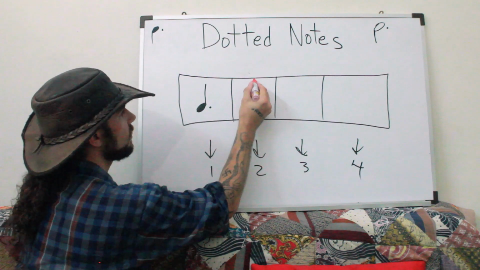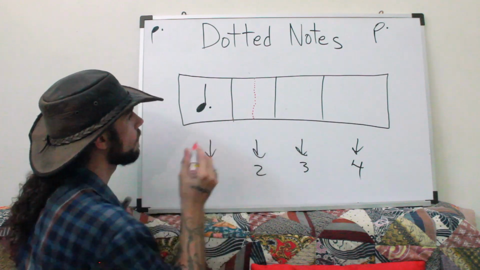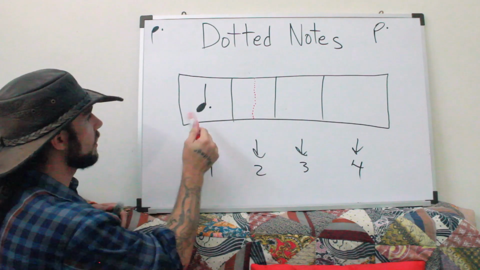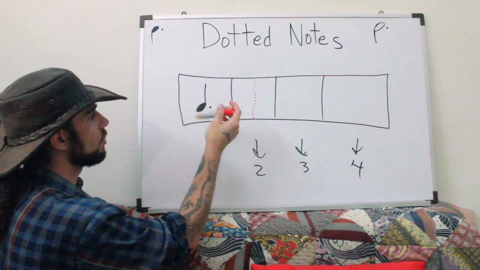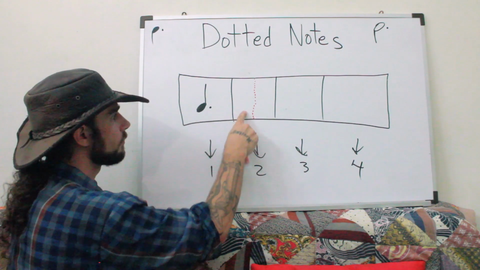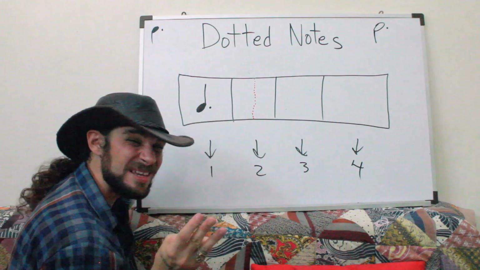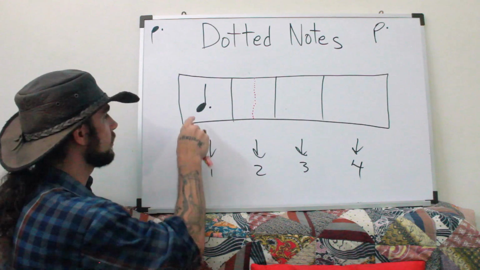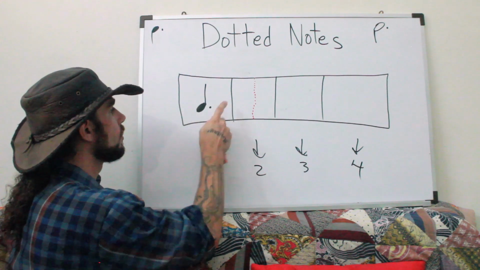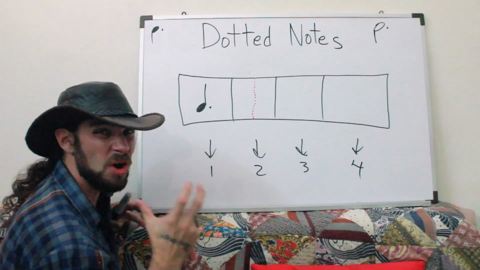So if we took this quarter box here and chopped it in half, we would know that this dot is going to take up this space here. So technically, you've got 3 eighth notes, time-wise, or a quarter and an eighth.